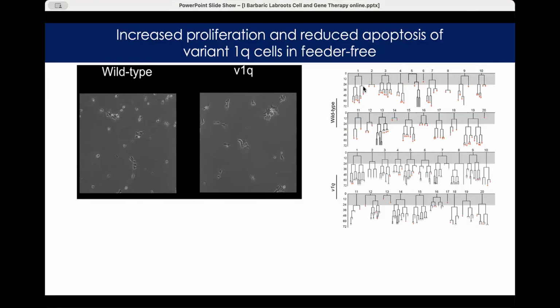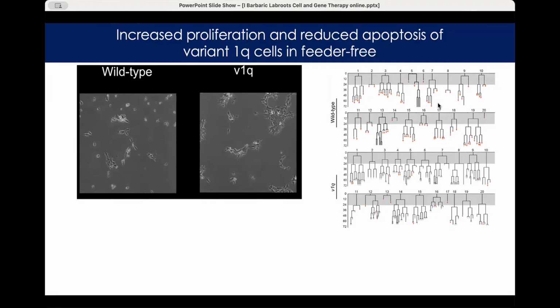We perform lineage tracing so that we can see when each cell divides, as indicated by this kind of horizontal line, so from that we can also infer the cell cycle time, etc. And the red crosses in these lineages indicate cell death.